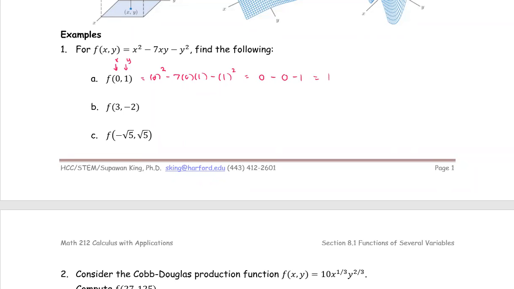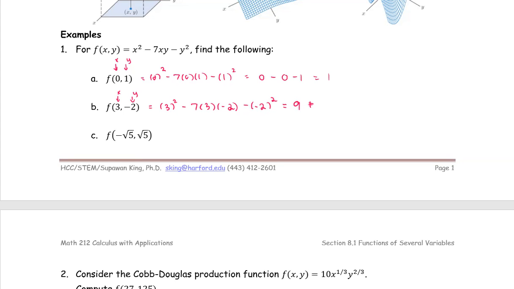The second part: x is 3, y is negative 2. So it's going to be 3 squared minus 7 times 3 times negative 2 minus negative 2 squared. And then clean up the numbers again. 3 squared is 9, minus 7 times 3 times negative 2, that becomes positive, right?